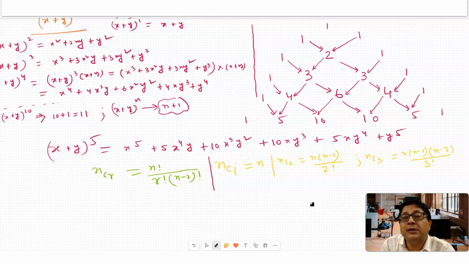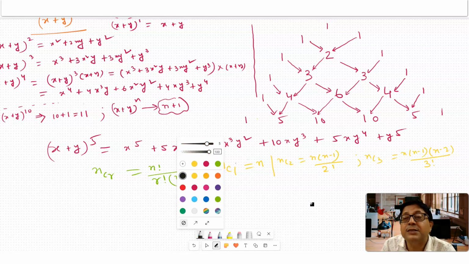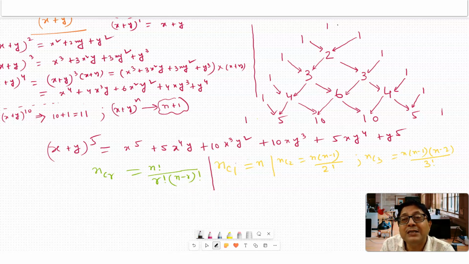Let us see 1, 1. How can we write 1 here? That 1 we can write as 1C1. This one we can also write as 1C0, and this is 1C1. This one is the row of 2, index was 2. So here we are writing 2C0.